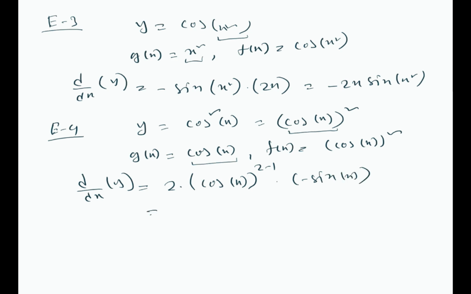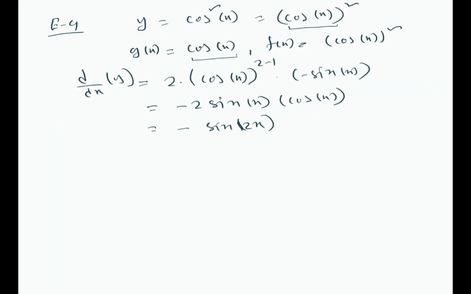Okay, so the final answer would be minus 2 sine of x cos of x, and more simply, according to the trigonometric rule, we can write this as minus sine of 2x. So this is the answer for this question.